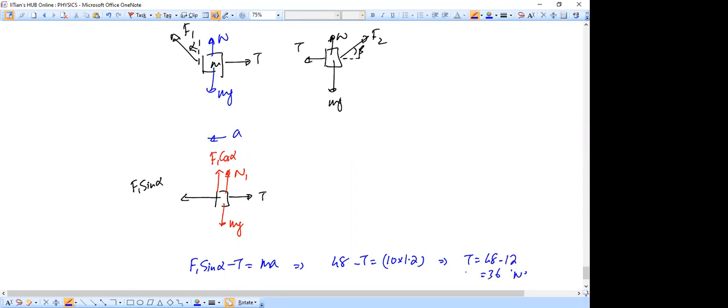So you just need this free body diagram. You don't even need the second one. However, you can use the second one to verify this result. You can see that the second one, tension T, now resolve this force F2. So F2 has a horizontal component of F2. Sorry, this angle is beta, my mistake, not this angle. Okay. So F2 sine beta, which we had seen was 24 newtons.